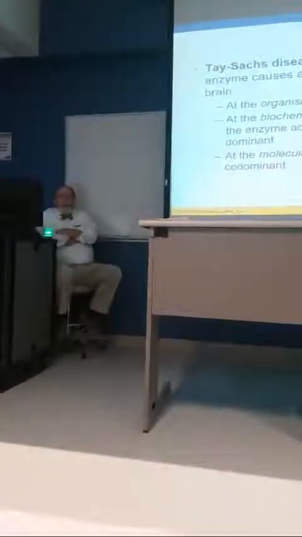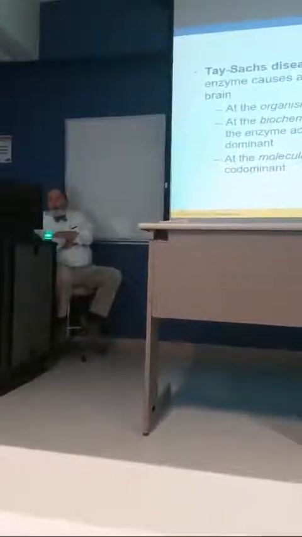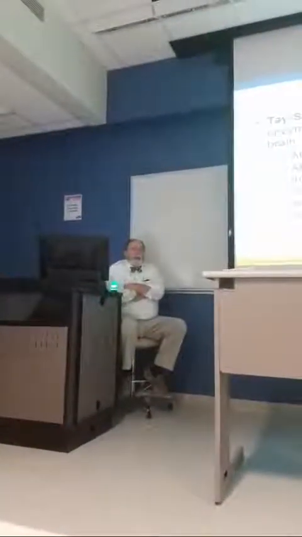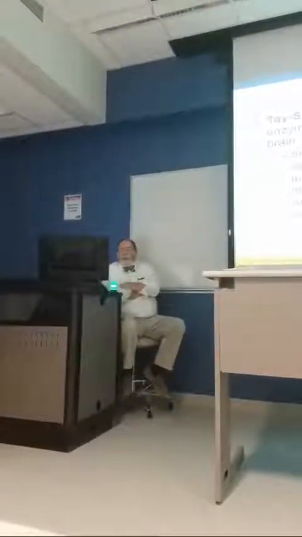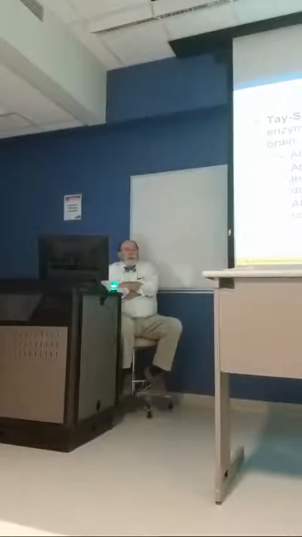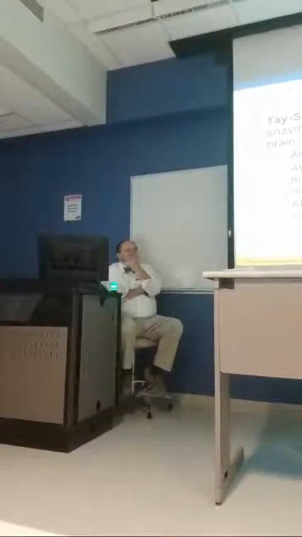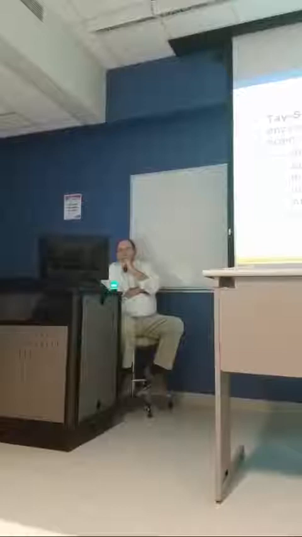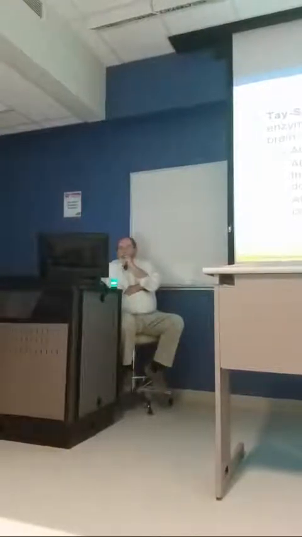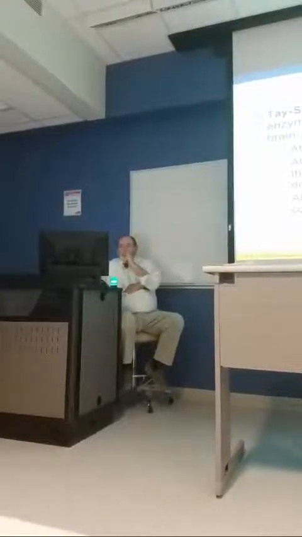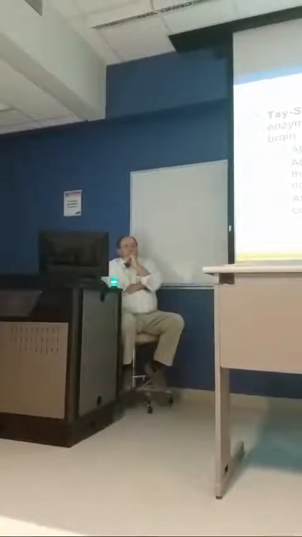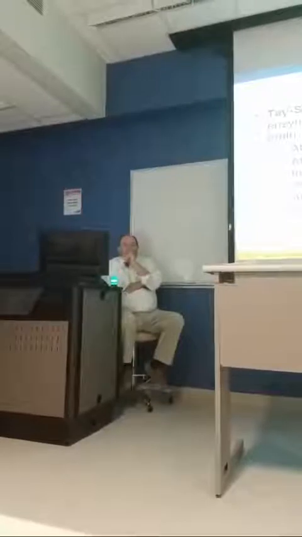of that waste. And what this is saying, if you look at that combination at the organism level, the individual, the allele is recessive, so you have to have it on both chromosomes. At the biochemical level, however, the phenotype is incomplete dominant biochemically.